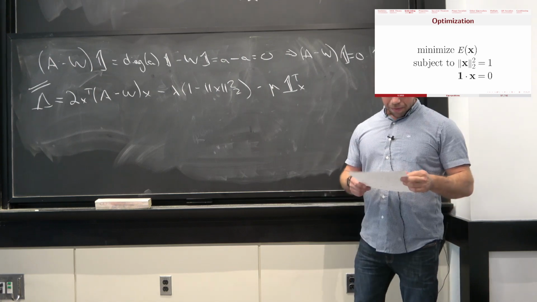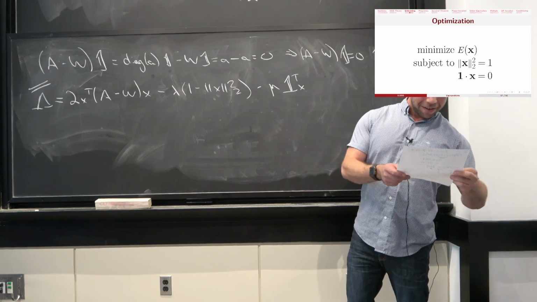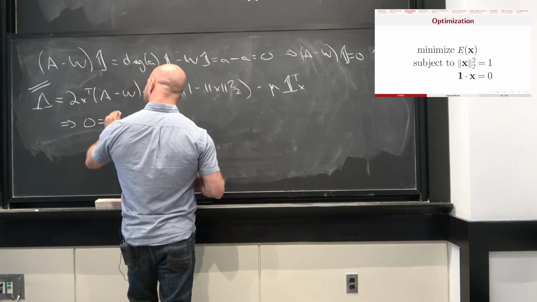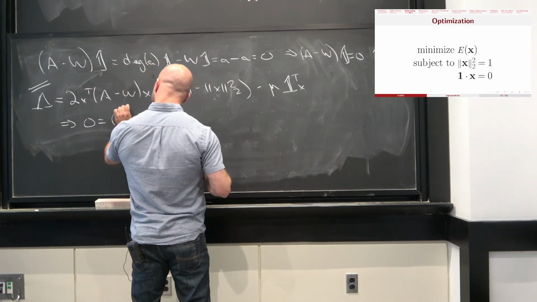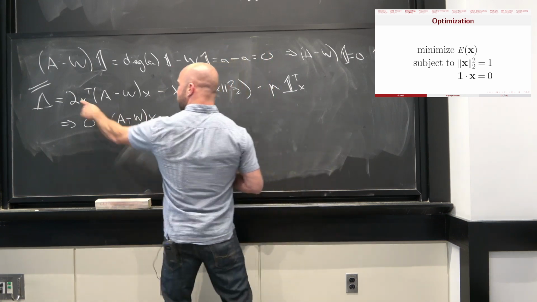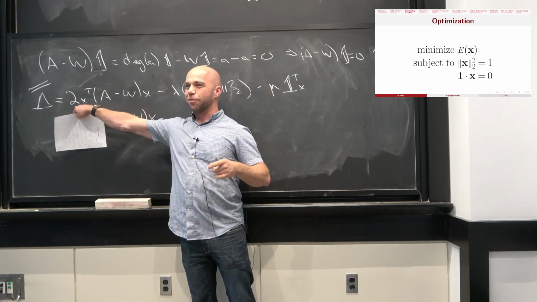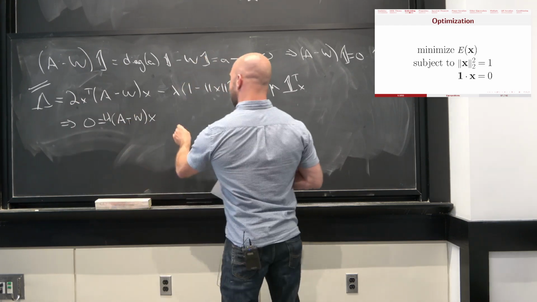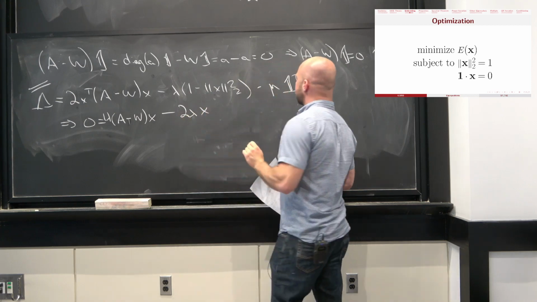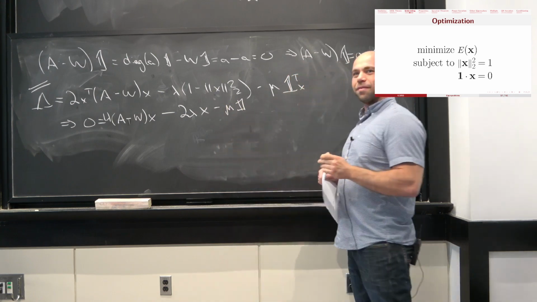We're going to differentiate with respect to x, because that's the only thing we know how to do. So we get 0 is equal to 4 times (A minus W) x, since you get a 2 from differentiating and the other 2 is already there. Then, since I'm not putting a 1/2, we get minus 2 lambda times x, and then mu times the vector of all ones.